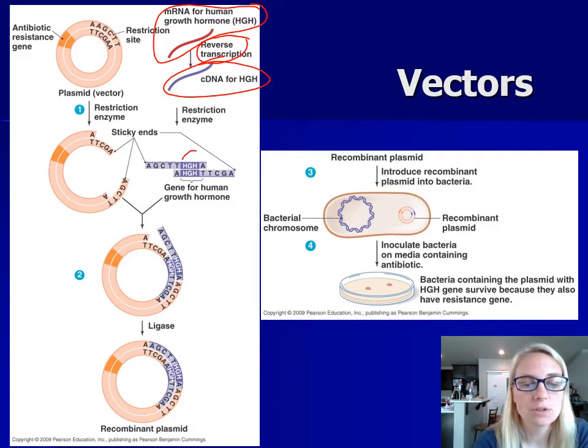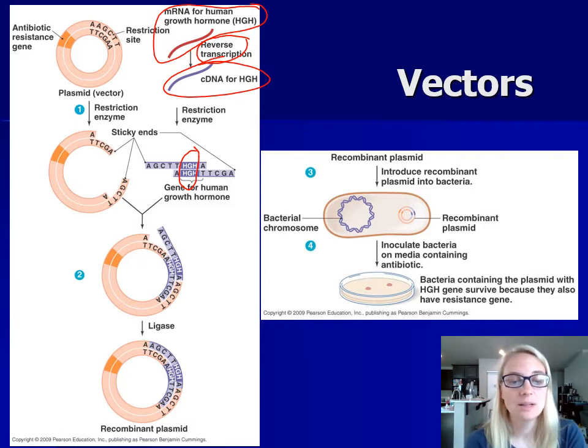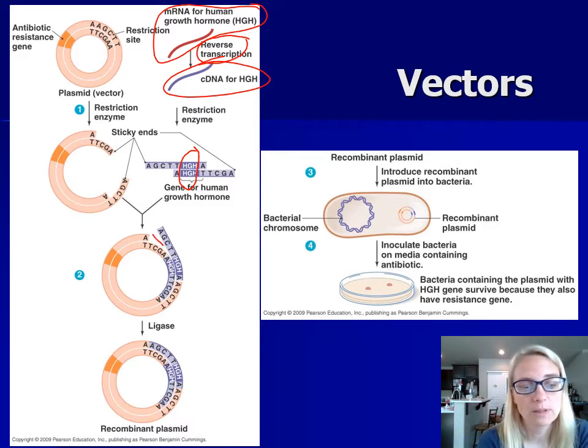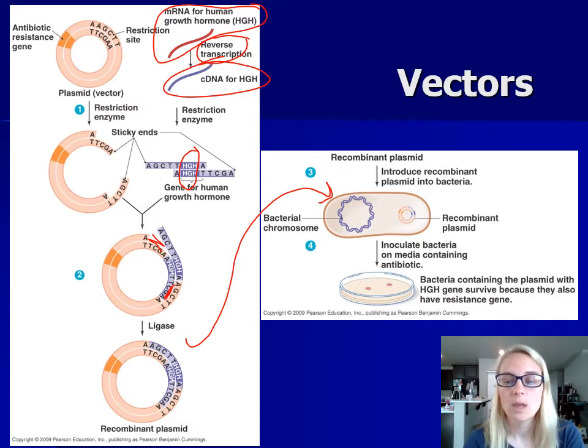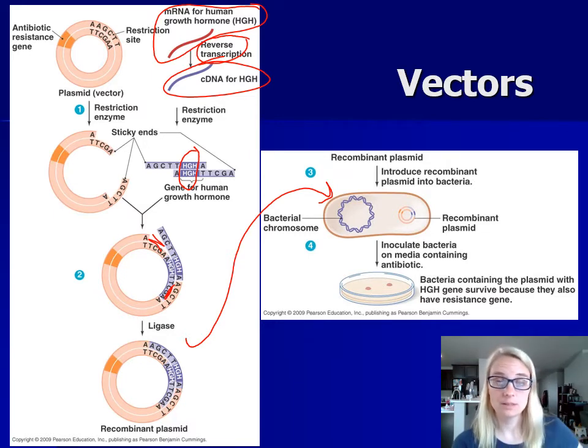So here's our gene of interest, human growth hormone right in the middle with a sticky-ended cut on either side, which is going to match perfectly here and perfectly here in our plasmid. And now the plasmid is going to get taken up into the bacterial cell. We then are going to grow the bacteria and harvest the human growth hormone.